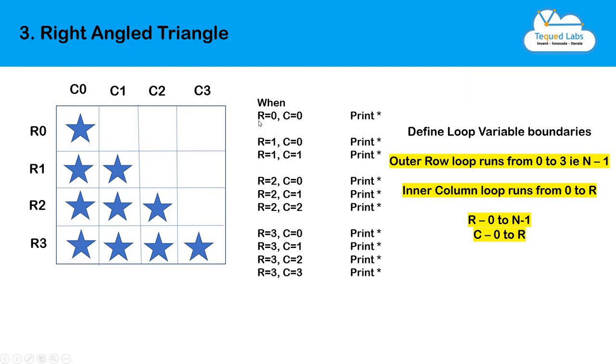For any given R, C is less than or equal to R. Why is it not only less than? Because as you can see here, when R is 2, C goes all the way up to 2. That's the reason for any given R, C will be less than or equal to R. So this is the logic for the column loop.